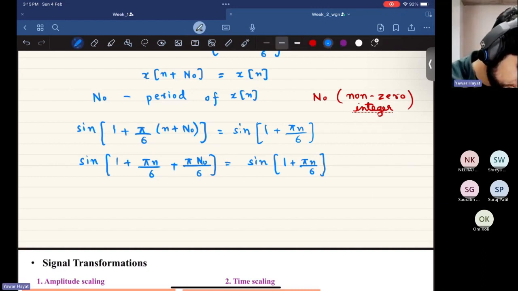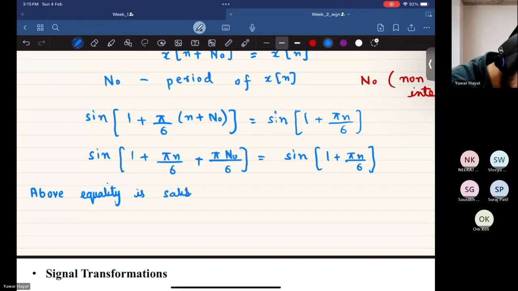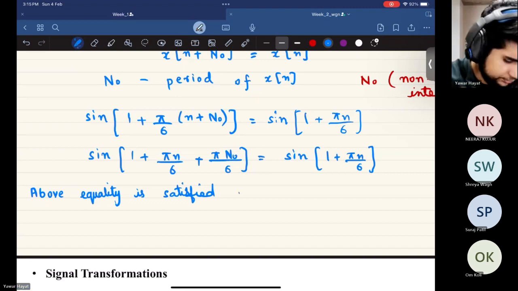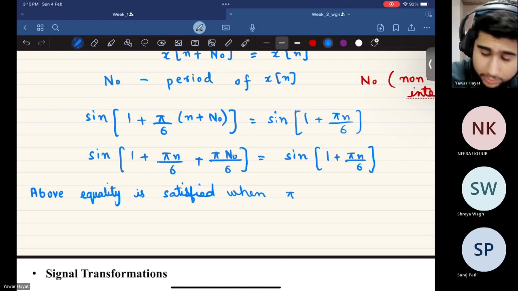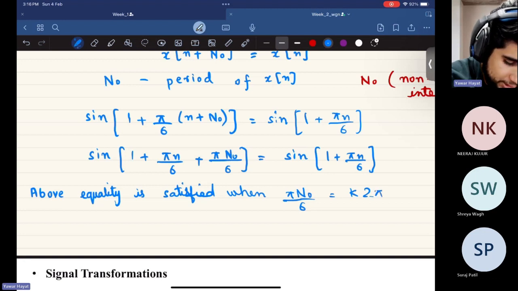So we'll write, the above equality is satisfied when pi n naught by 6 is some k times 2 pi, right?